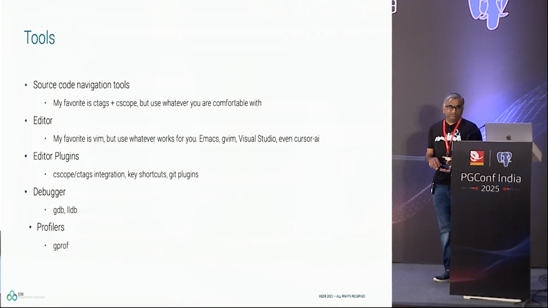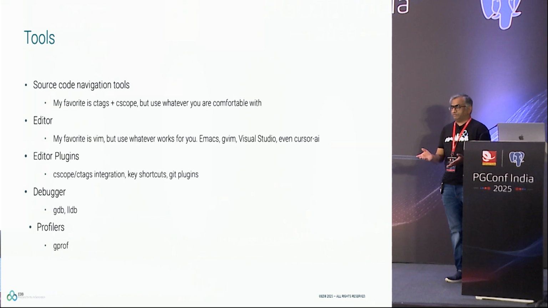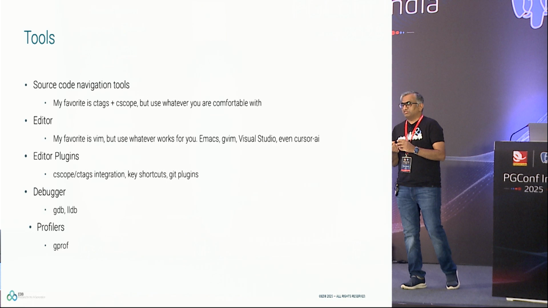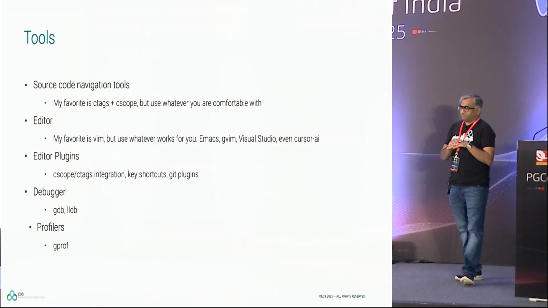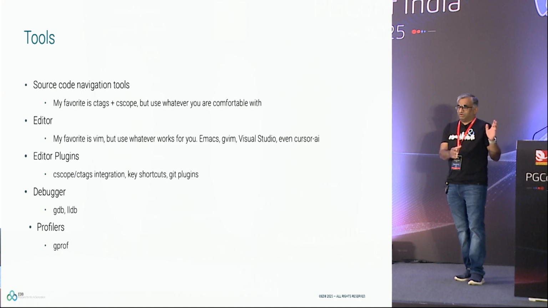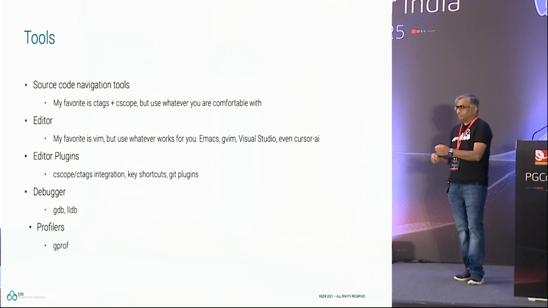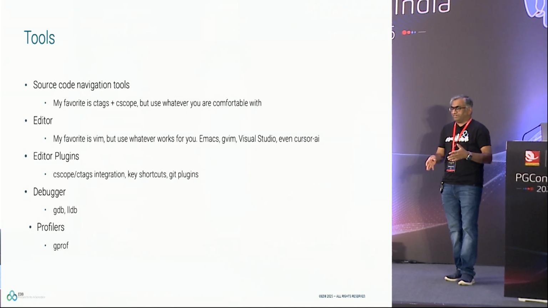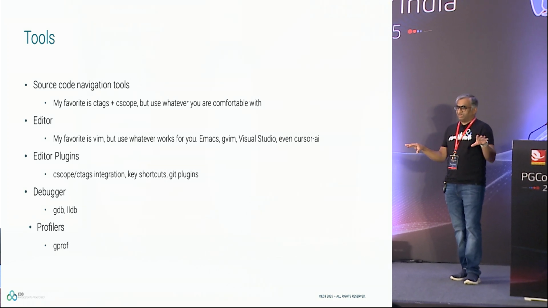Tools: I'm not going to talk about which editors, because everyone would have their own preference. I have gray hair, so I'm an old school boy. I'm using Vim and ctags, cscope, and it works wonderfully for me. I have the plugins that I need to browse through the code quickly. I know how to jump from function invocations, how to find all the variables with a name, and I like everything in my editor.